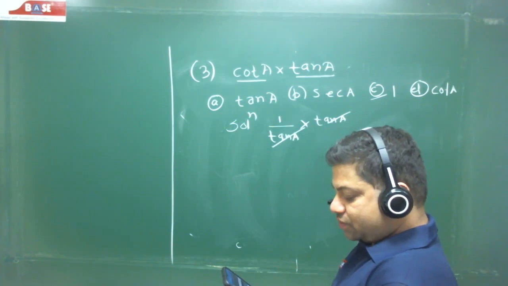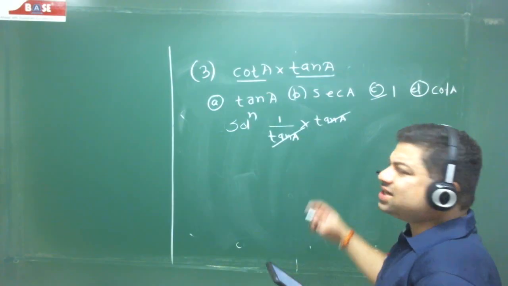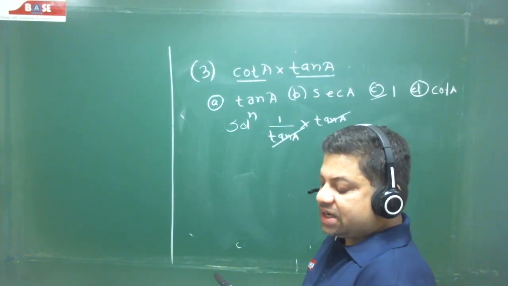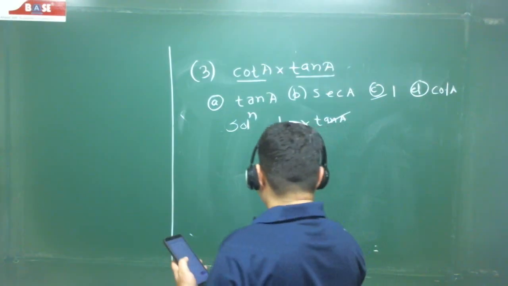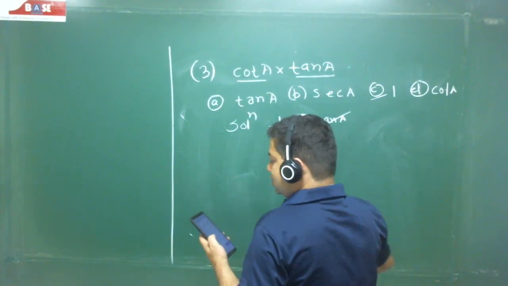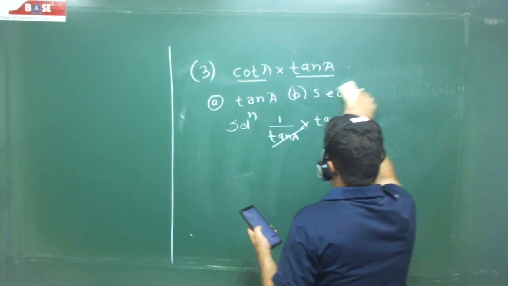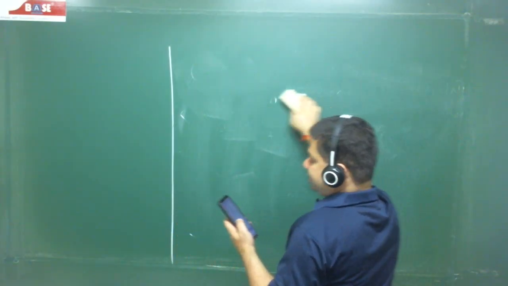Now let me take a few questions which resemble the numerical type. These were the single choice questions, correct? So one kind of question you can expect in the exam is of this type. Now two more questions I will take, then again I will discuss a little bit more about trigonometry.